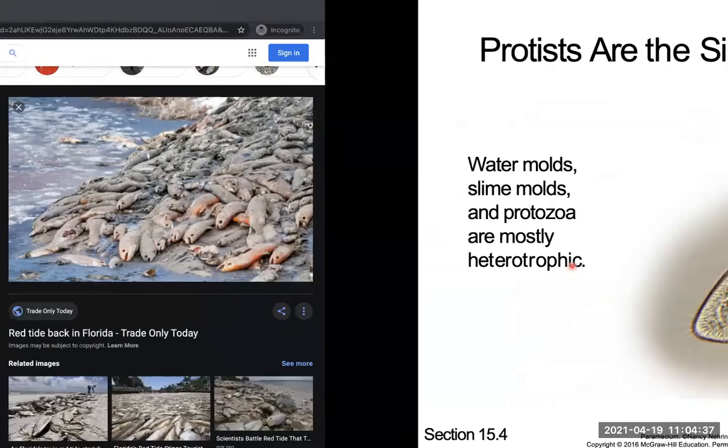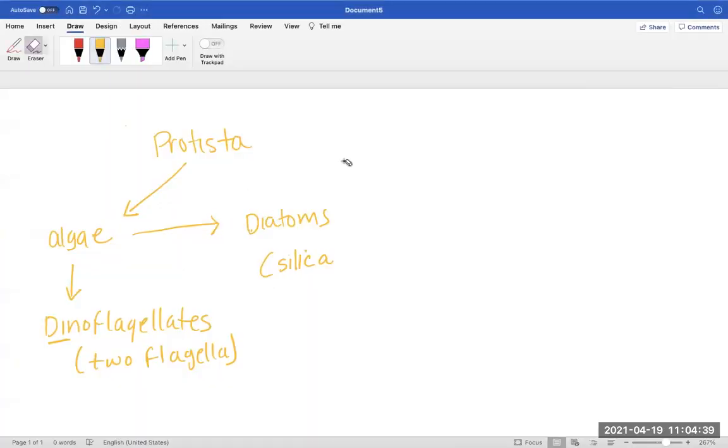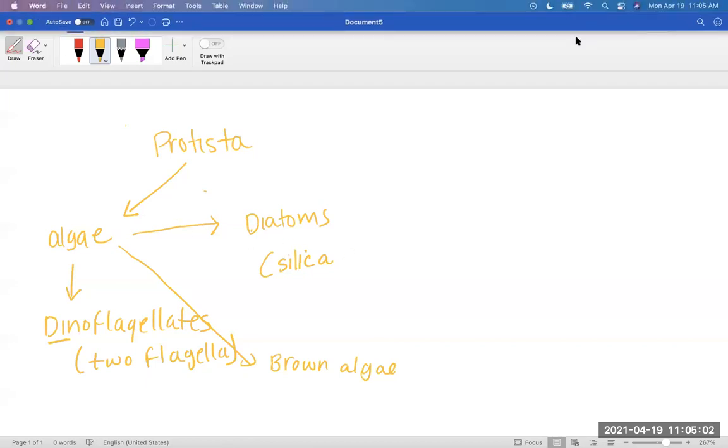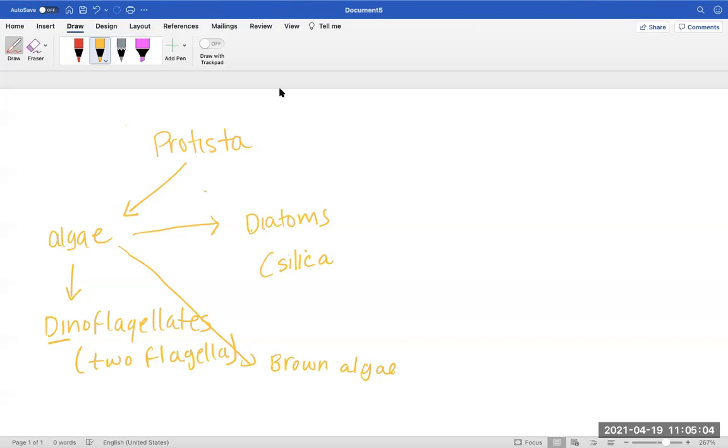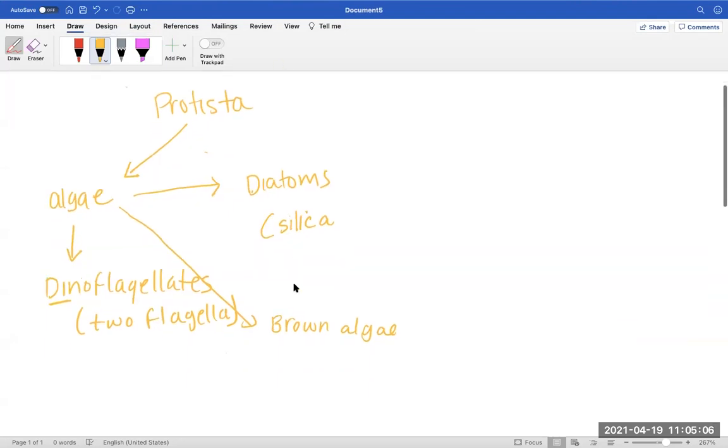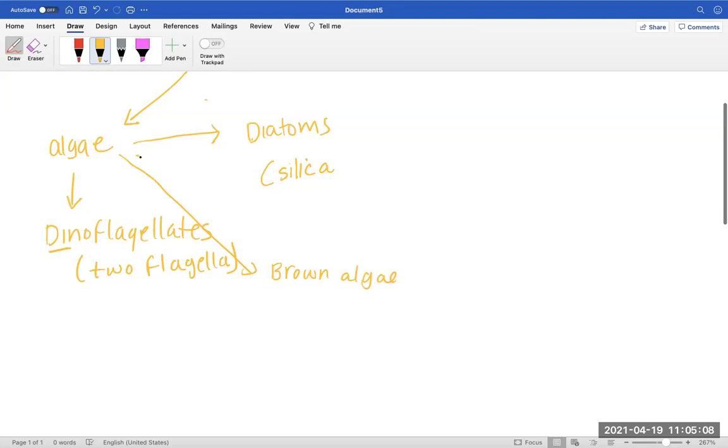Let me go back and try to finish drawing this. Under photosynthetic organisms, we have three more actually. We have brown algae. Can anybody tell me what organisms this includes? Brown algae? And then red algae.